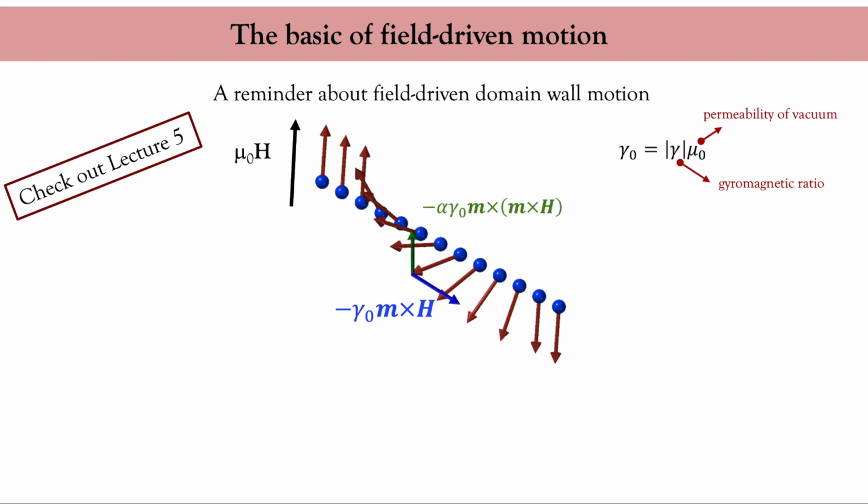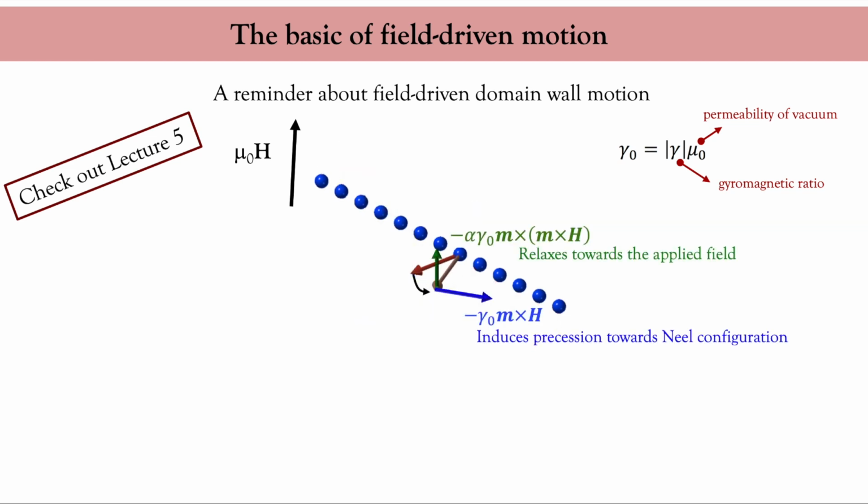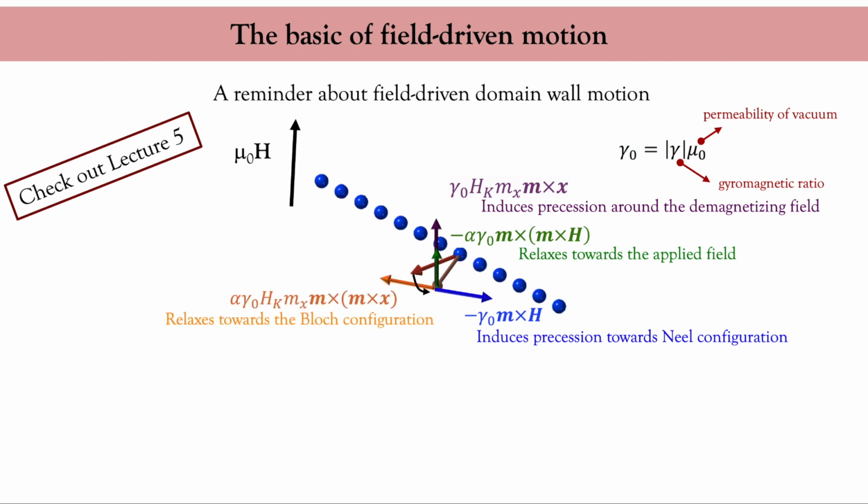In addition, the magnetic damping tends to bring the magnetic moment upward. Once the magnetic moment has been brought away from the Bloch configuration, there's a reaction from the dipolar field that does 2 things. First, it induces a precession around the demagnetizing field, and it also creates a demagnetizing damping that counteracts the field torque.